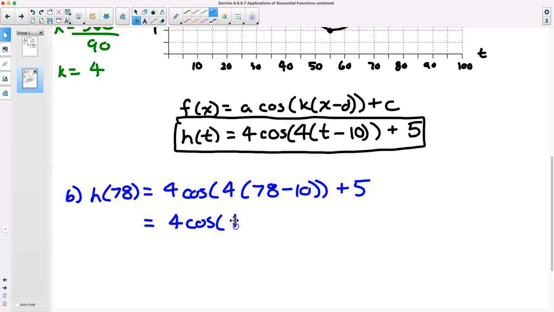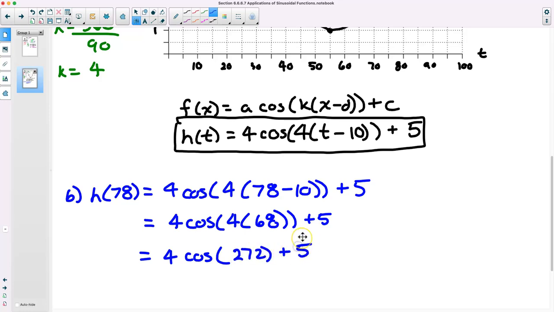Let's take it one step at a time, though. 78 minus 10 is 68, and 4 times 68 is 272. So if we do that, we get 4 cos of 272, plus 5.